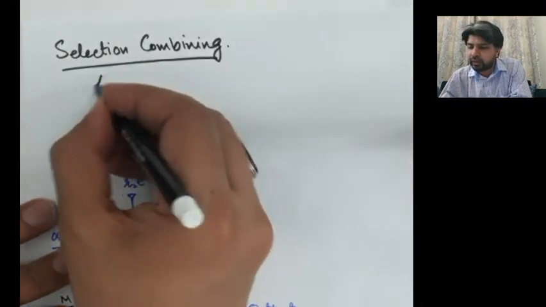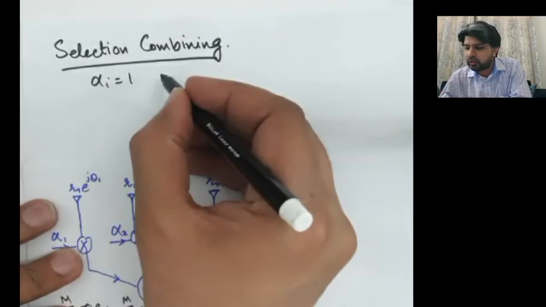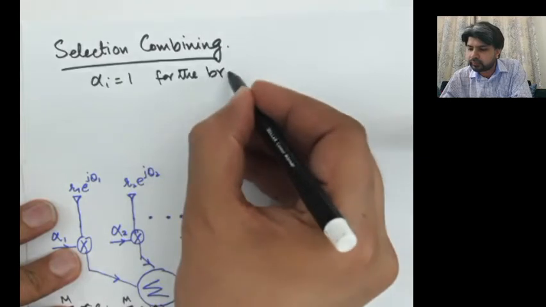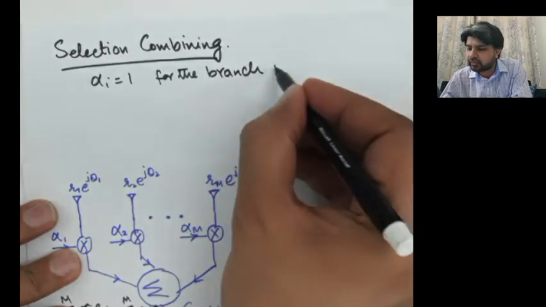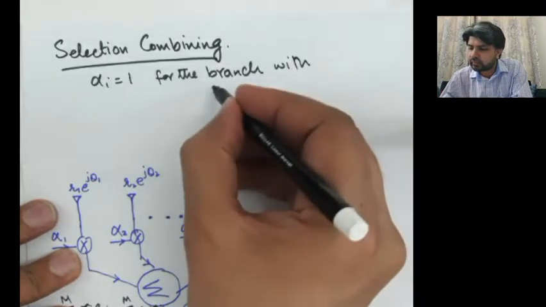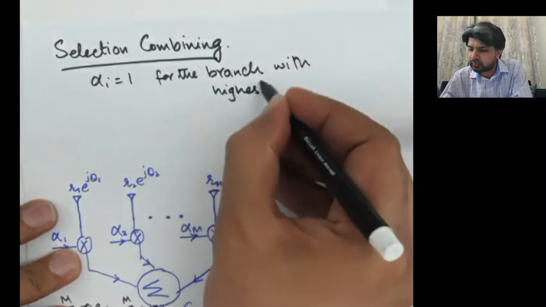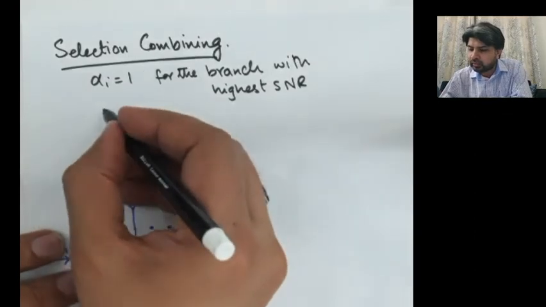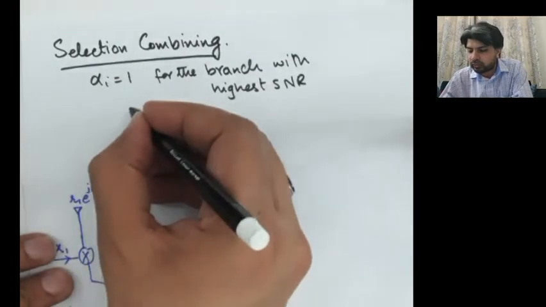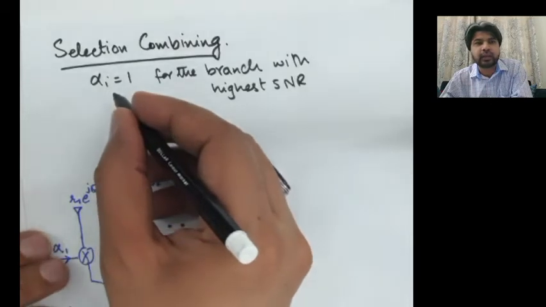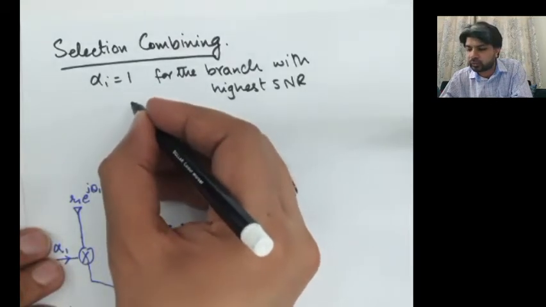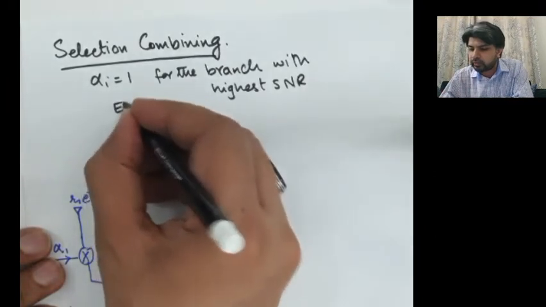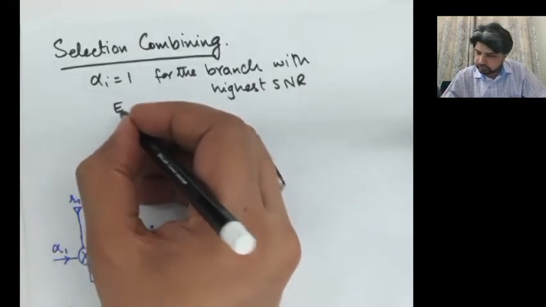So you would have alpha i equal to 1 for the branch with the highest SNR. And the signal to noise ratio at the receiver, if the ith branch is selected as the branch with the highest signal to noise ratio, would be equal to Es over N naught.